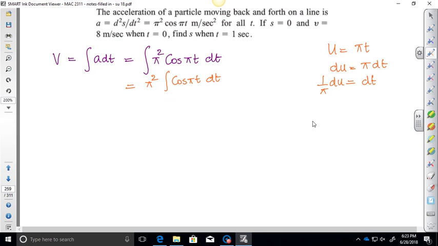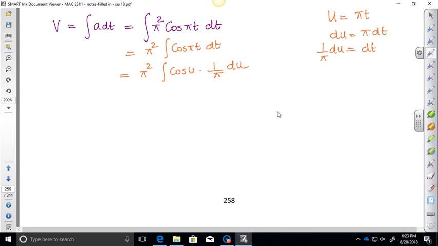So this is going to be pi squared times the integral of cosine u times 1 over pi du. That's why it's sine pi t divided by pi. Now you know where that division by pi comes from.